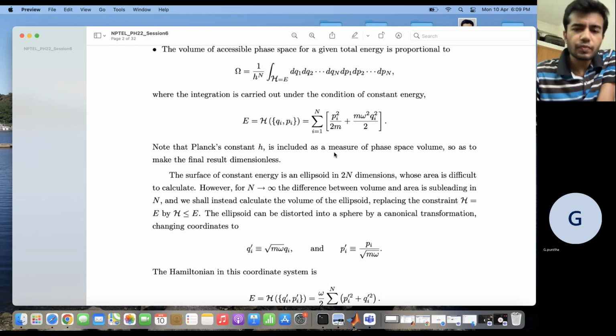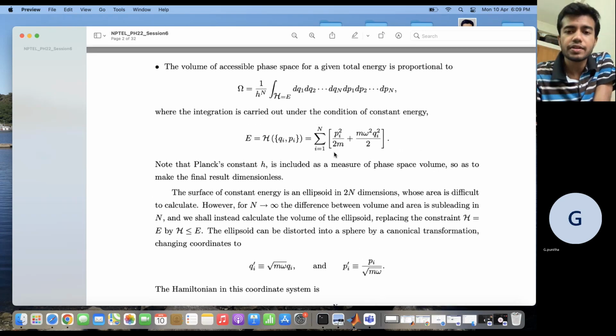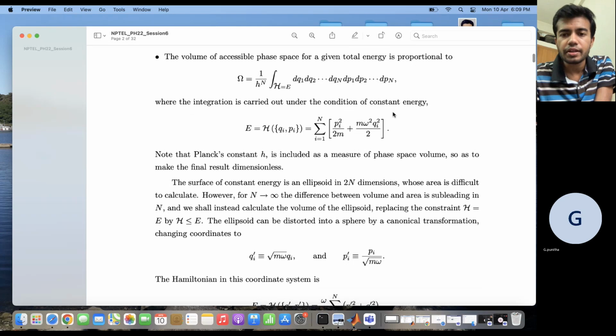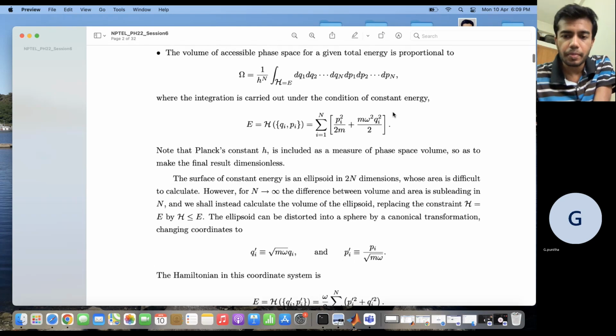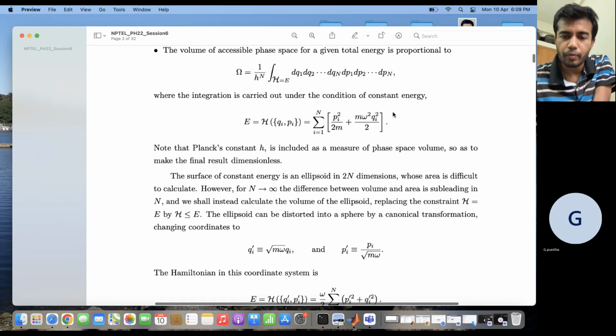Why do I ask? Because when I did not have this potential term, the surface of constant energy was a sphere, right? All the energy states which were on the surface of the sphere corresponded to a given macrostate, right? But in this case, the surface of constant energy is no longer a sphere, but an ellipsoid. Why an ellipsoid?